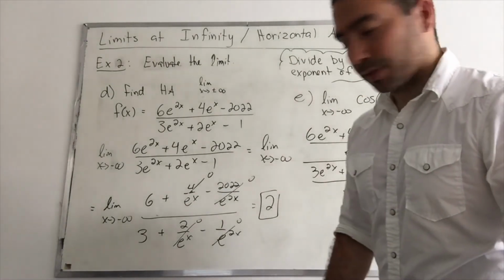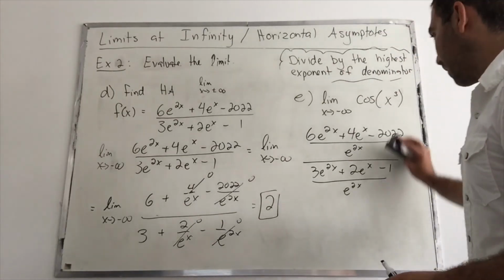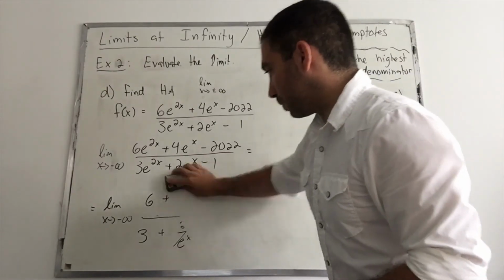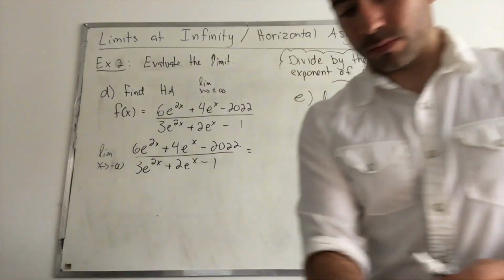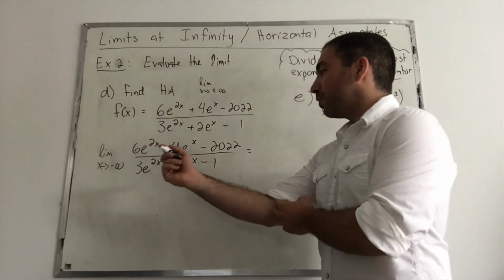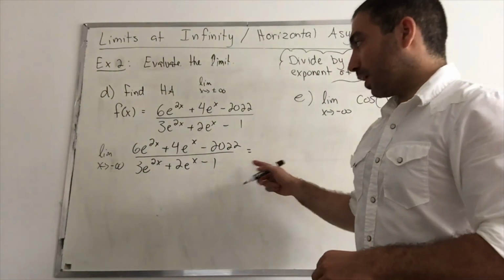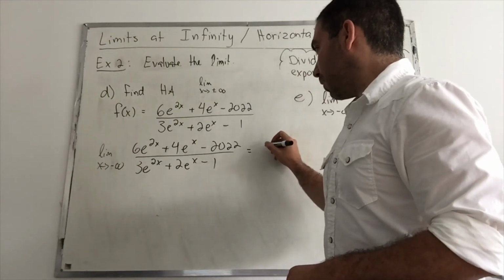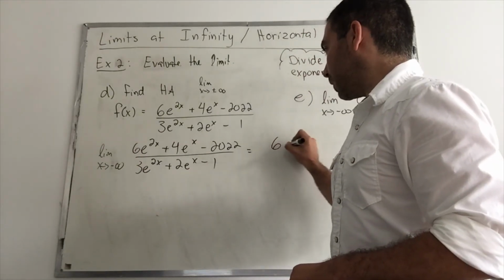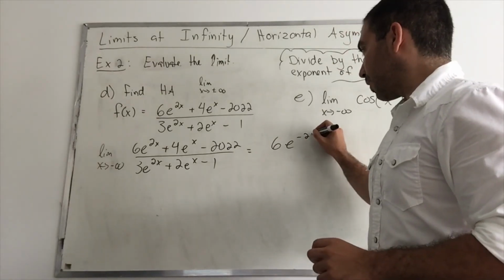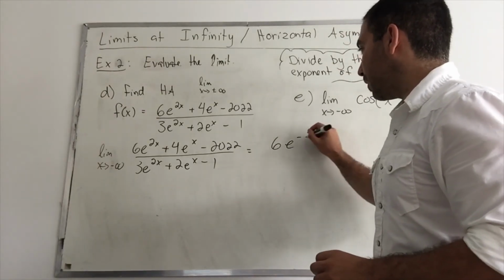Actually, let's rewrite this. I think it'll be easier if we just rewrite it. In this case, if x goes to negative infinity, what we could do is direct substitution and plug in negative infinity. This gives us 6e to the negative 2 times infinity, or I should say negative infinity.